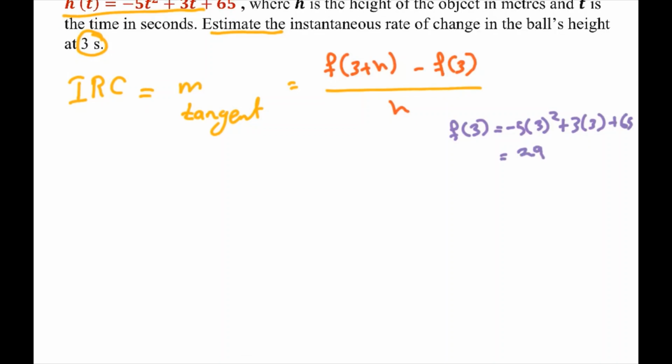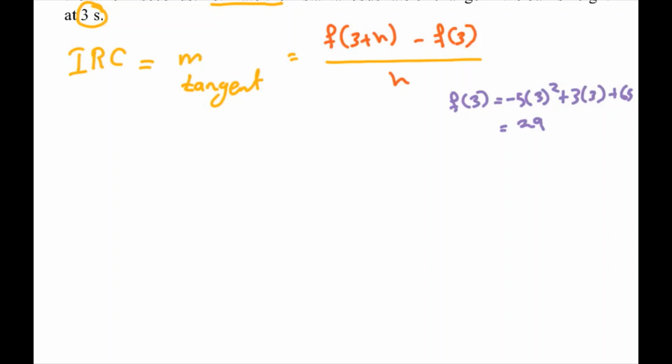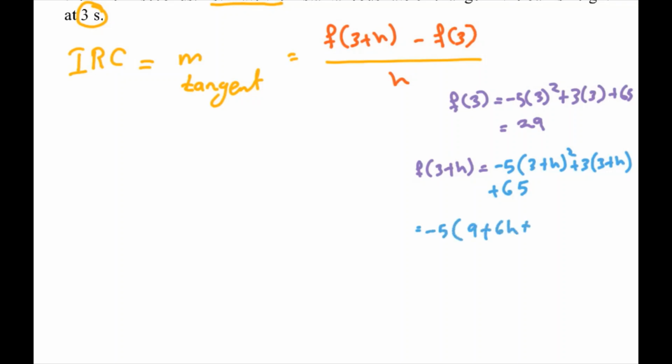Now I need to find f(3 + h). f(3 + h) is equal to negative 5 by (3 + h) squared plus 3 by (3 + h) plus 65. And now you can simplify that by expanding the square, so it's going to be negative 5 times (9 + 6h + h squared) plus 9 plus 3h plus 65.